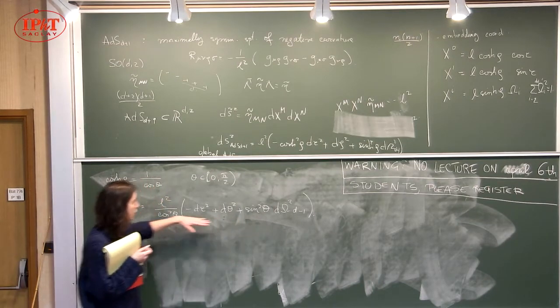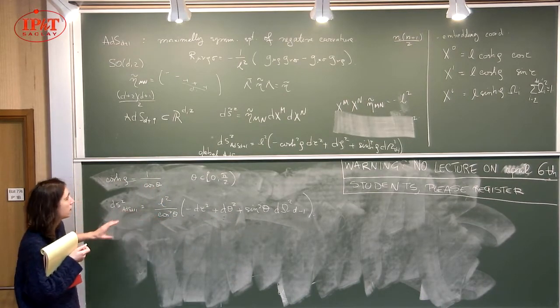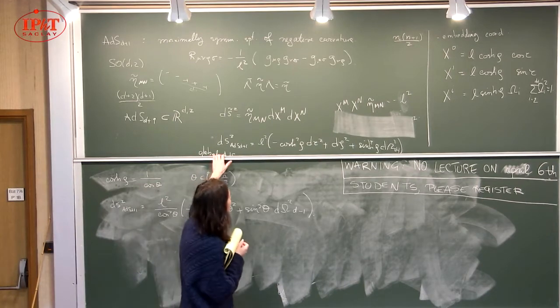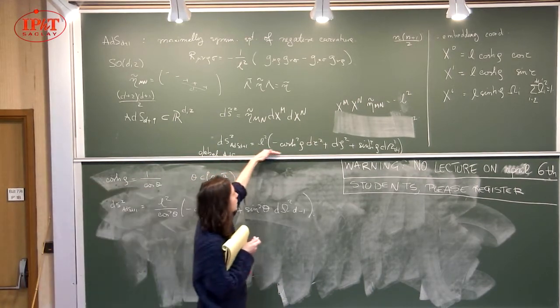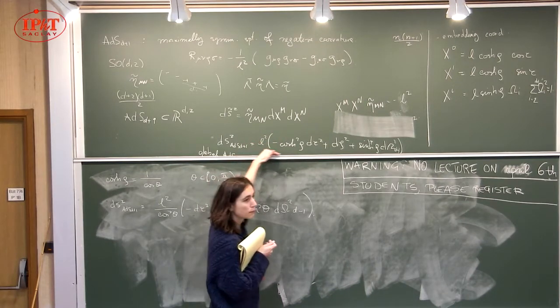But the nice thing about having written the metric in this way, so here the problem with this metric is that, as you see, the spacetime is infinite. So when I send rho to infinity, the metric blows up.